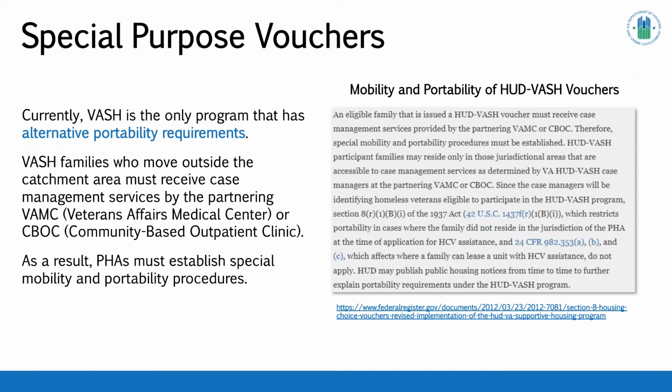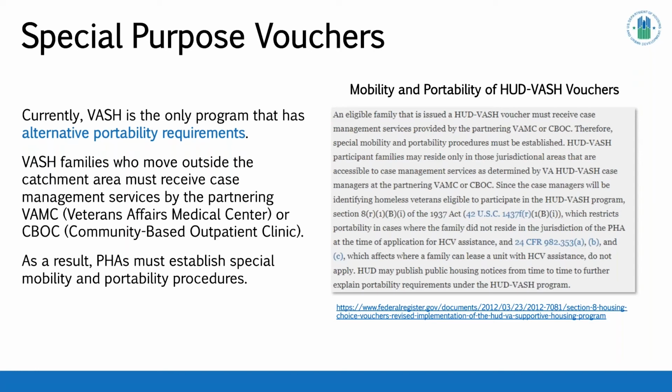If the receiving housing authority does not have a HUD VASH program, then the initial housing authority must be billed. The receiving housing authority does not have the option to absorb the family into its own HCV program if they do not have a HUD VASH program.